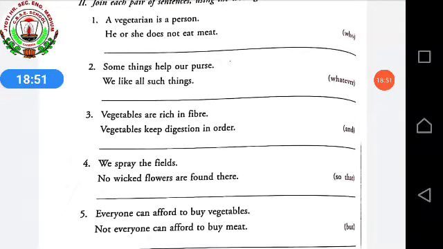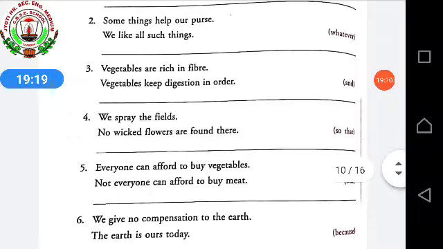Vegetables keep digestion in order. You have to join this pair of sentences using and. So, vegetables are rich in fiber and keep digestion in order. Two times vegetables you don't have to write. Only one time you'll be using.